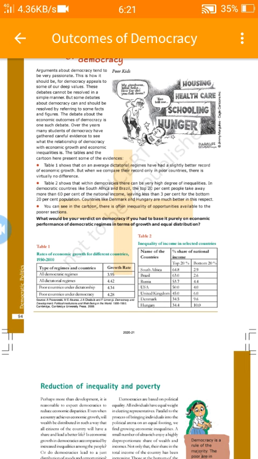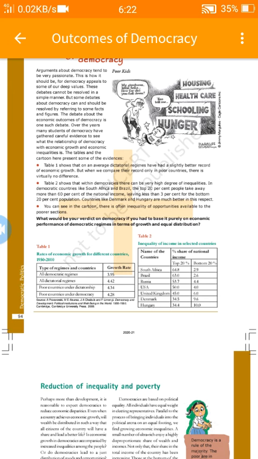In table 2, it is the inequality of income in selected countries: South Africa, Brazil, Russia, USA, United Kingdom, Denmark and Hungary. Here in table 2, we have a high degree of inequality within a democracy.